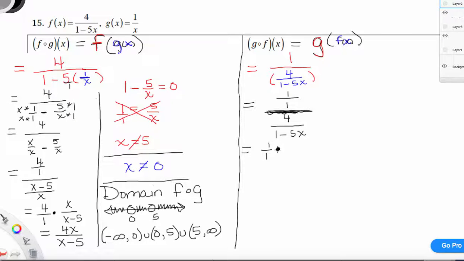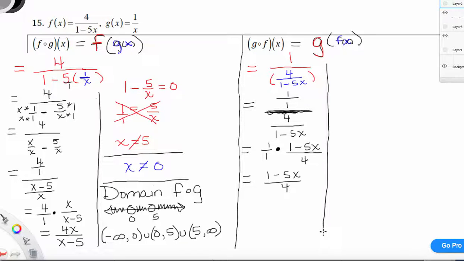I'm going to change division to multiplication, and then I'm going to invert that second fraction, or the bottom fraction. 1 minus 5x goes on top now, and on the bottom, in the denominator, goes the 4. And then when you multiply straight across, you just get 1 minus 5x over 4, because 1 times anything is just itself. And that is done now.